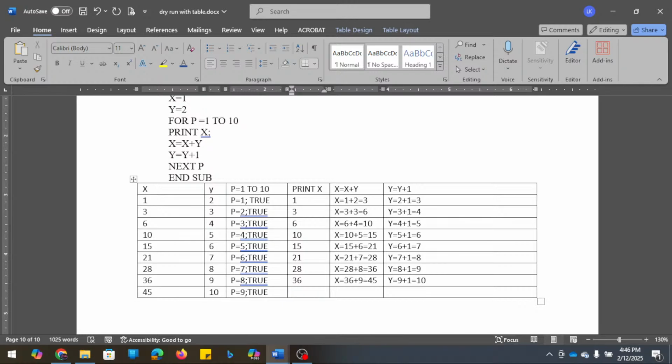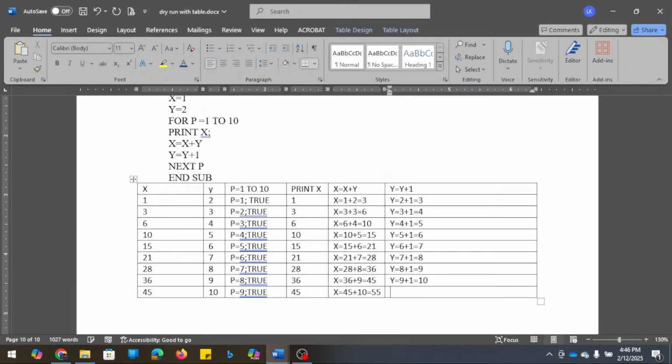So x is 45, x equals x plus y, 45 plus y which is 10, equals 55. Y equals y plus 1, so y is 10, 11.